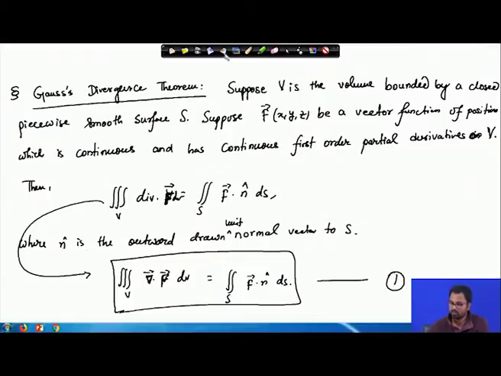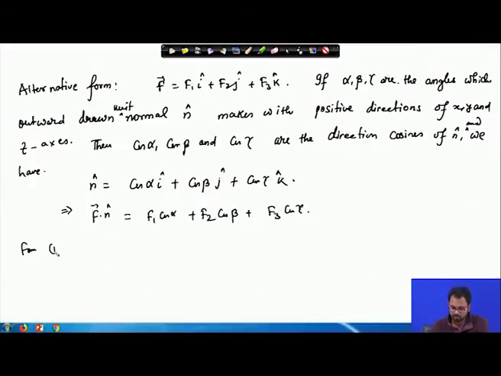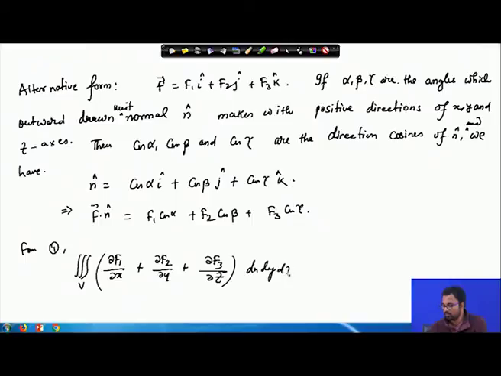and our required Gauss divergence formula, let us call it equation 1. So, from equation 1 we will have the volume integral of divergence of F. When I apply the divergence operator on F, it will be del F1 by del x plus del F2 by del y plus del F3 by del z times dx dy dz equals the right hand side surface integral of F dot n dS. So, this is F1 cos alpha, F2 cos beta and F3 cos gamma, and dS is the surface element.